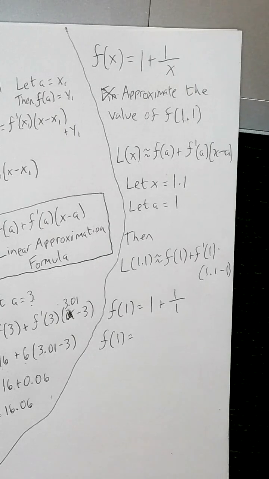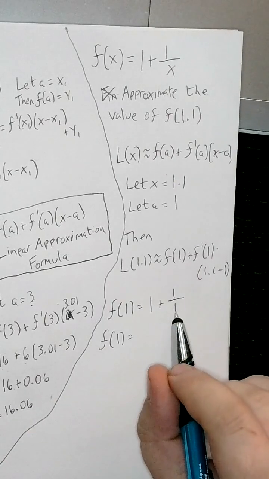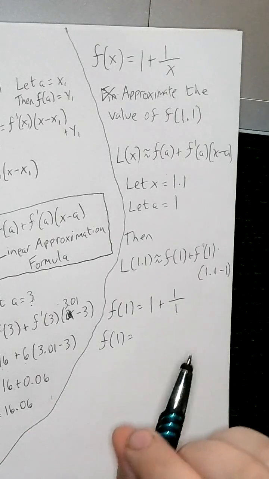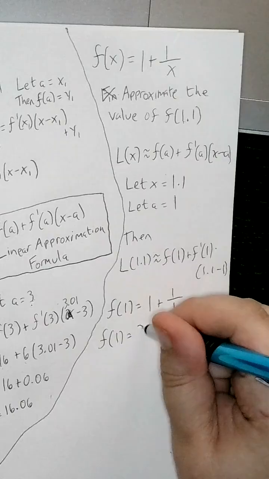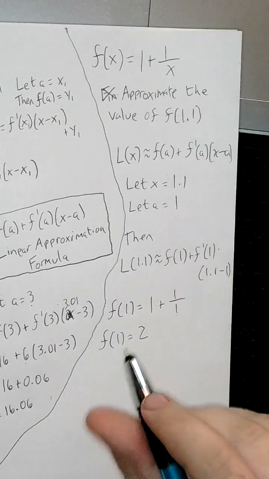Joy says 2. Do we have agreement? Don says 2. Yeah, that's right. 1 divided by 1 is 1, and 1 plus 1 is 2. Thank you, Prime. Thank you, Don. Thank you, Joy. So f of 1 is 2.